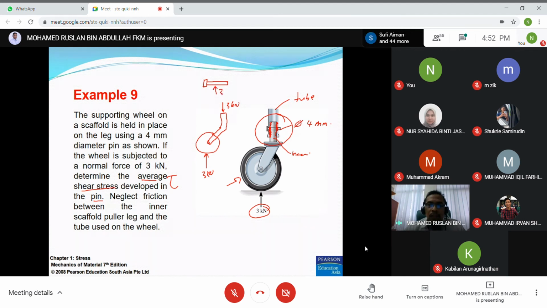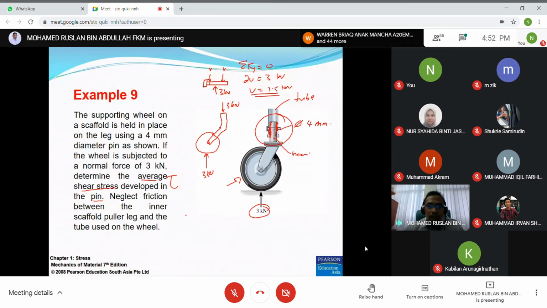And because it is shear, we have this V. So the V here, total Fy equals 0, so we have 2V equal to 3 kilonewton. So V equals 1.5 kilonewton. So this is the shear force at this point.